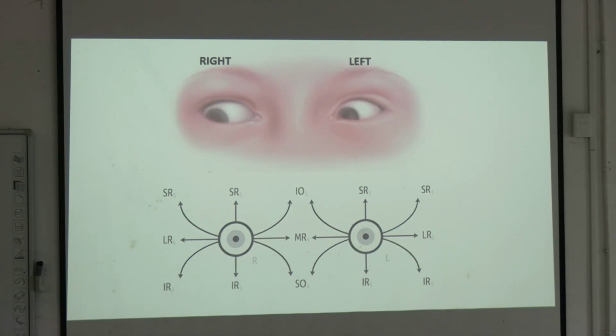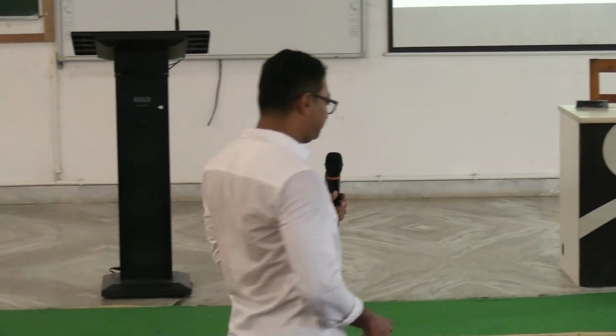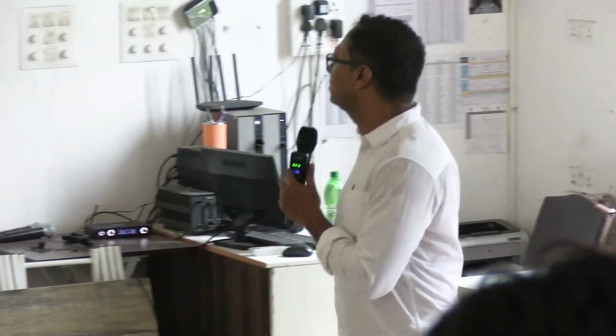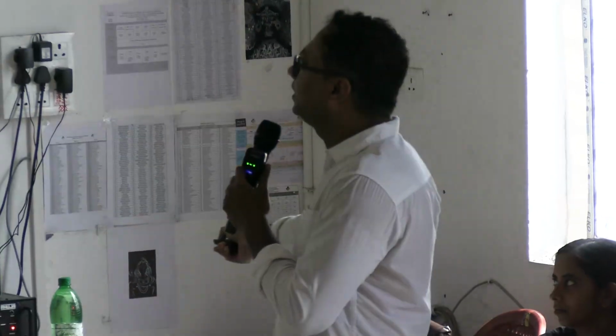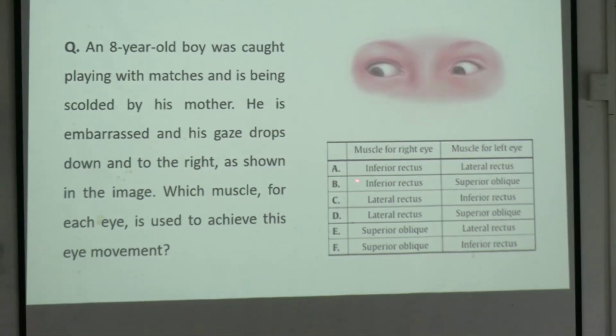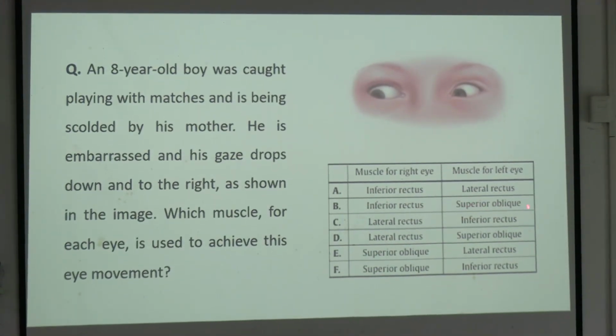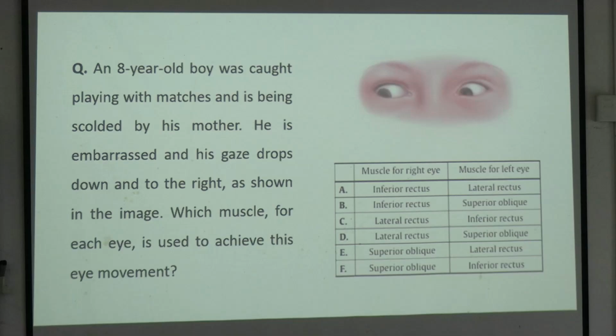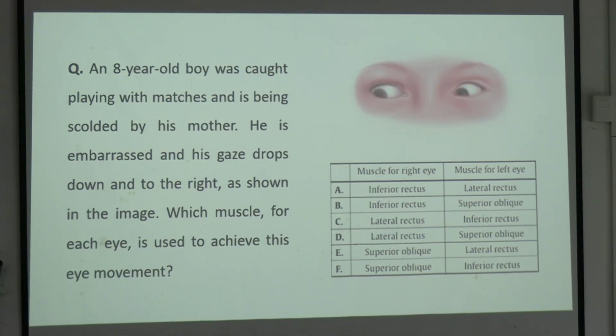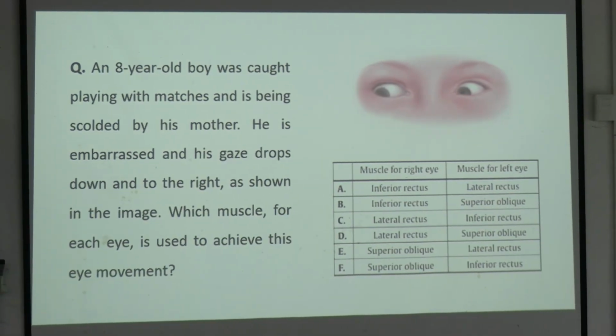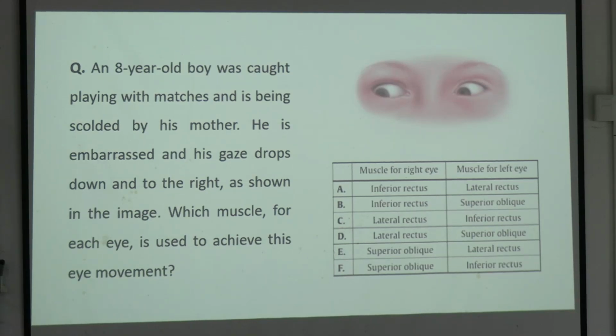So that was option B. Option B is the correct answer: right eye inferior rectus, left eye superior oblique. Most of you have done it correctly. This was a direct question from USMLE, just copied.